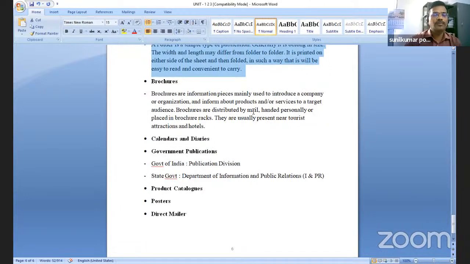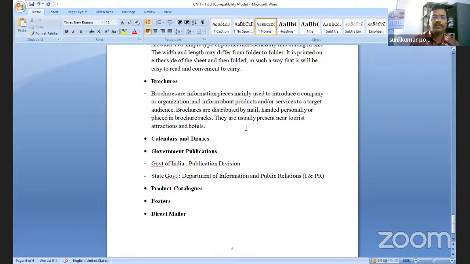Brochures are somewhat more colorful than folders. Brochures are information pieces mainly used to introduce a company or organization or a corporation and inform about products and services to the target audience. Brochures we see, for example, outside in a dealer shop. There is information about their products.